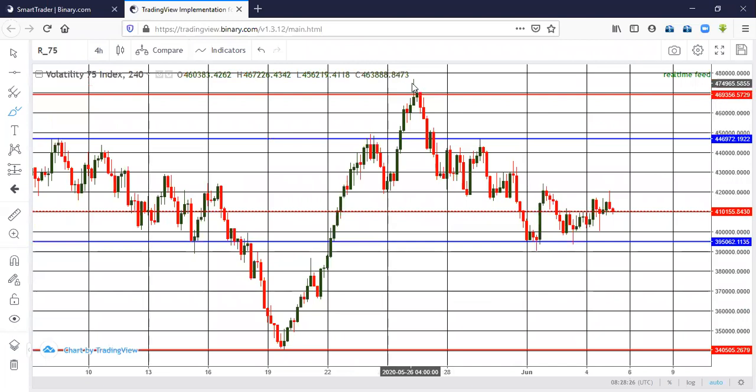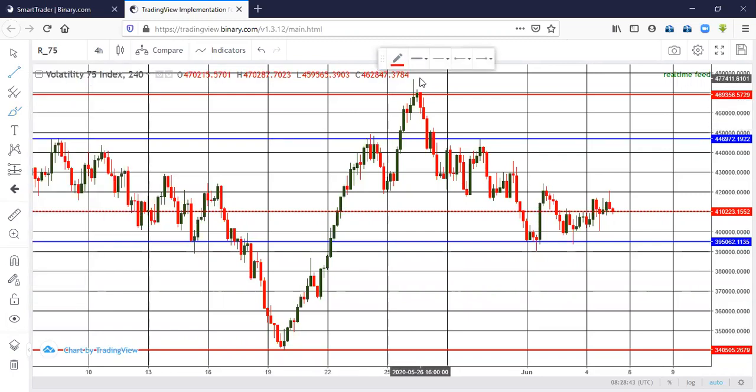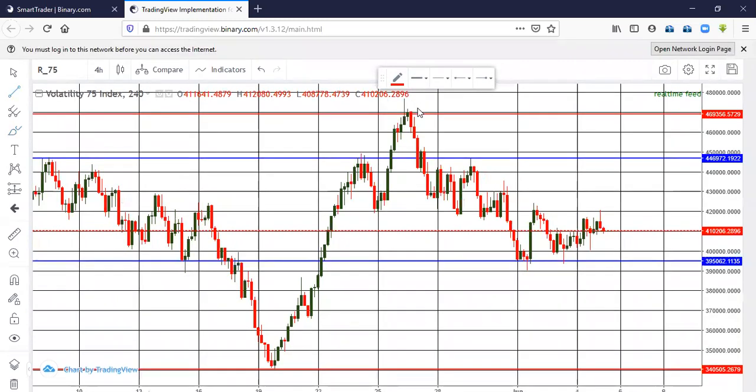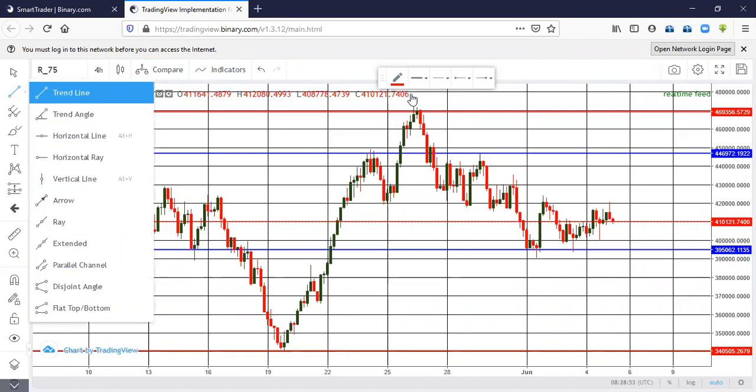Remember, trend lines actually come from a higher time frame, from the highest point to the lowest point if it's a downtrend, and from the lowest point to the highest point if it's an uptrend. So we come to our trend line tool here, we choose our trend, and then we come to the highest point, which is here, and then we draw our trend line from there.